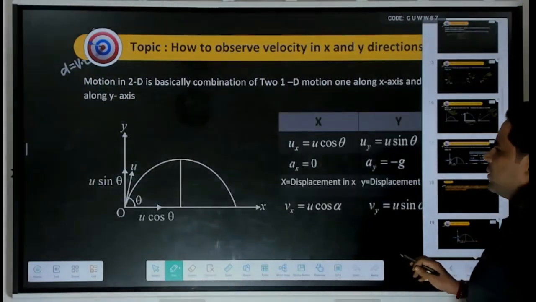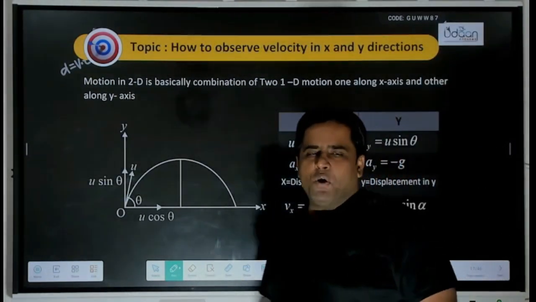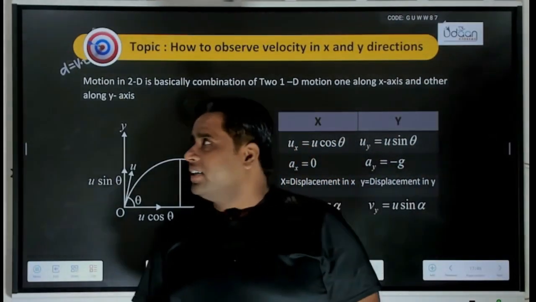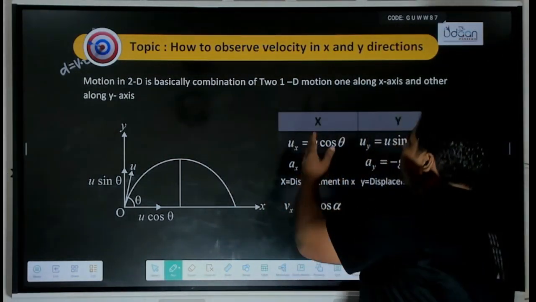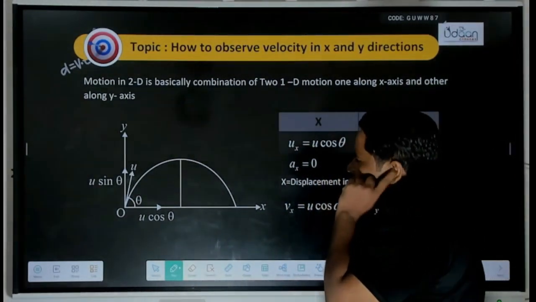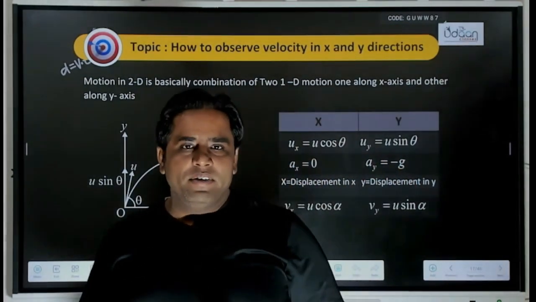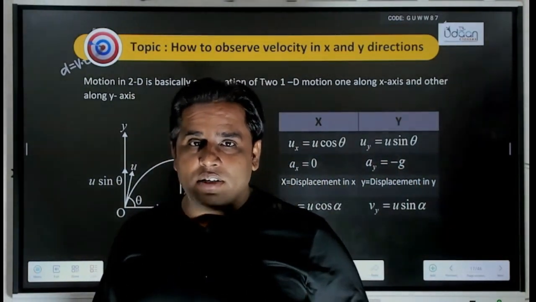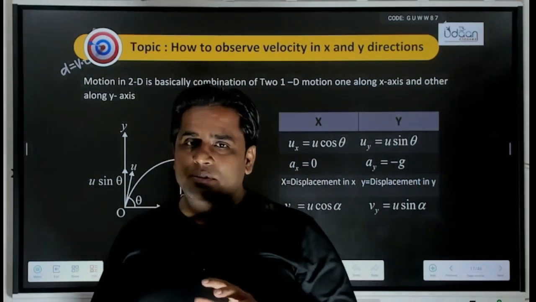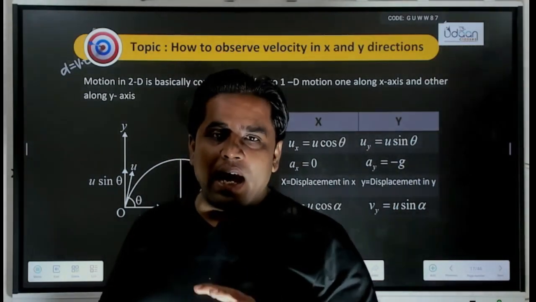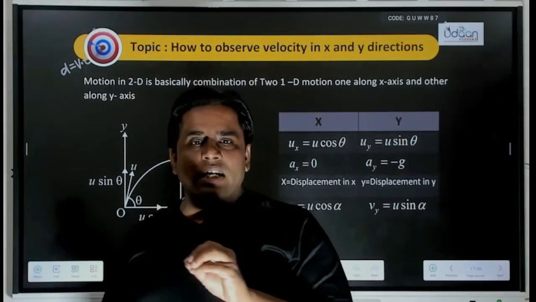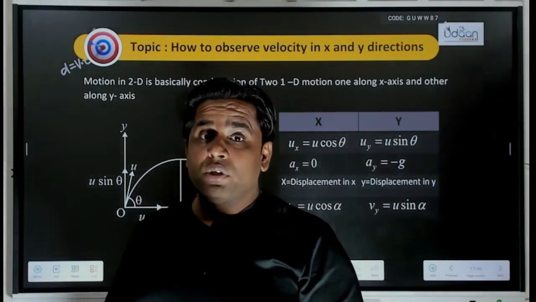So now we are coming up with the next point. The next point is what? How to observe velocity in x and y direction. Students, we have already done the part of motion in a plane, and in motion in a plane I already narrated one point: if some axis has zero acceleration, consider the motion on that axis to be uniform motion.